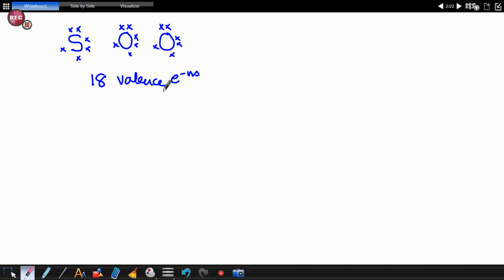Now we know that there will be molecules that will not follow the octet rule with all the atoms, but we must still try to follow the octet rule, and we must keep in our mind how many bonds an atom can form and try and follow that. The more you practice, the better you'll get.